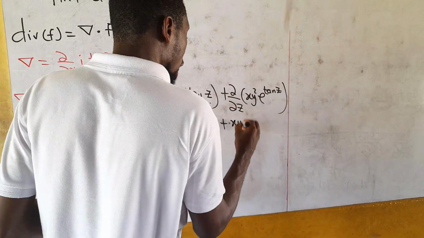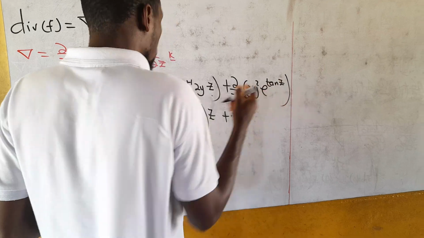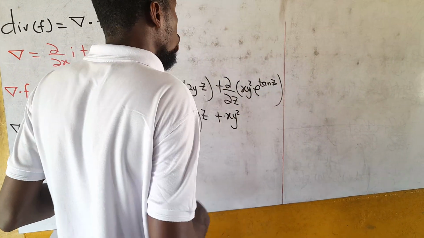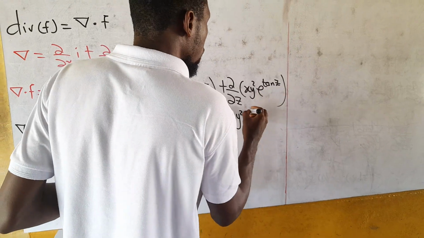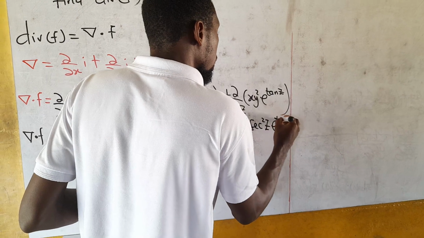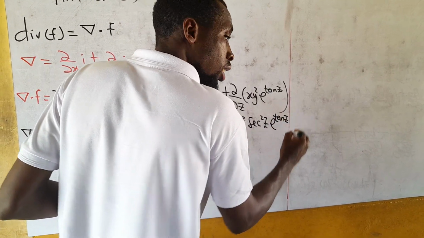So our x, y square will be held constant. Remember how to differentiate exponential function. We differentiate the exponent and use it to multiply the function. When you differentiate tan z, you get sec square z, then e exponent tan z.